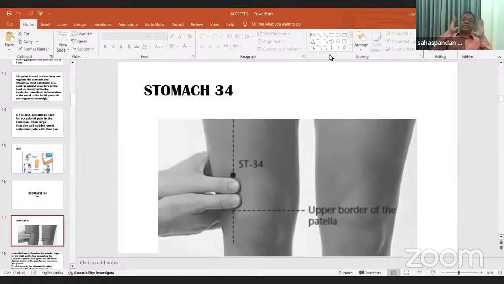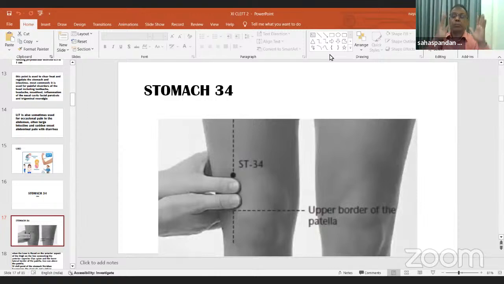See, the xi-cleft point of the stomach meridian harmonizes the stomach and subdues rebellious chi. So what is rebellious chi? Rebellious chi means chi flowing in the opposite direction.